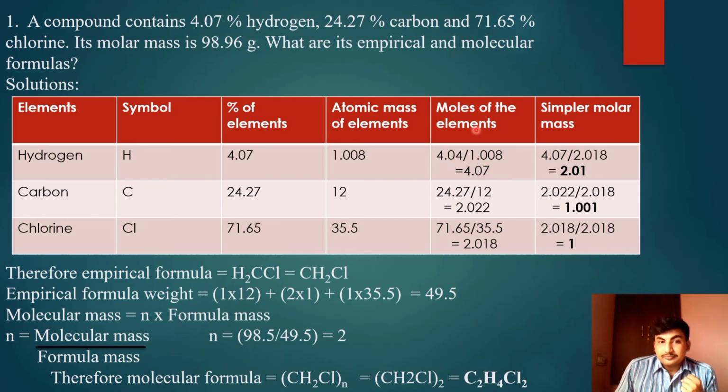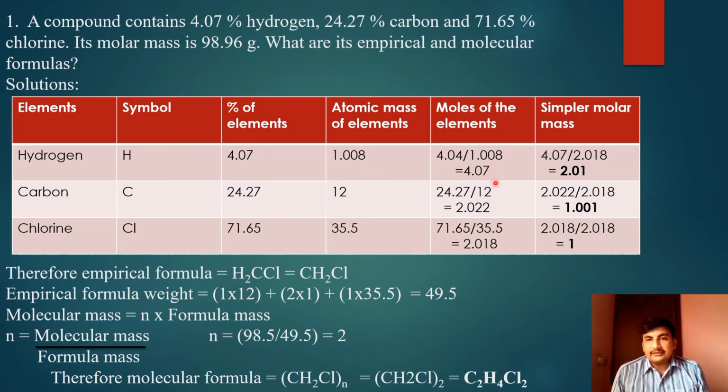Then next, carbon: 24.27% is there, the atomic mass is 12, so the percentage divided by the atomic mass will give the moles of carbon. Then chlorine: 71.67 is there, 35.5 is the atomic mass. The moles of chlorine is 2.018 mole.